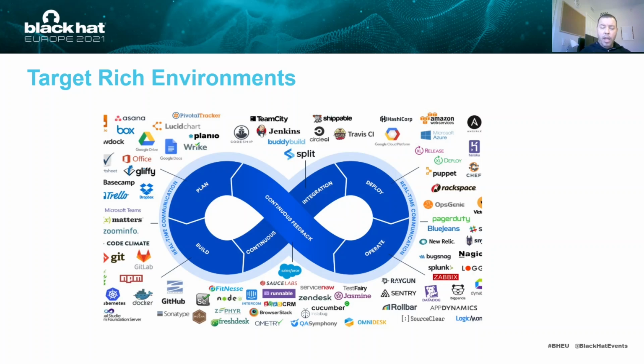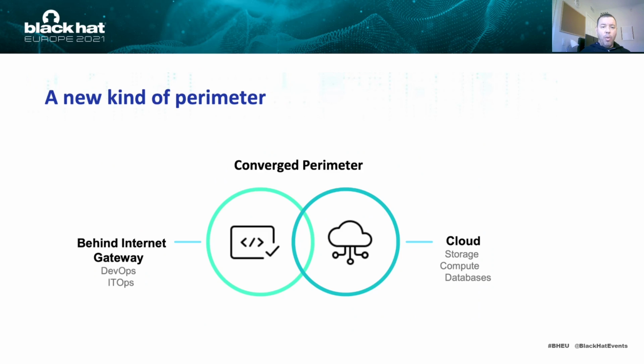And what we're seeing here is aggravated by what we call a converged perimeter. A converged perimeter is a new type of perimeter. Before, we were able to define clearly where the perimeter ended.